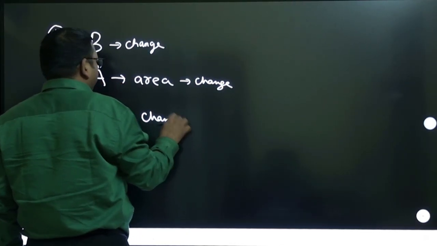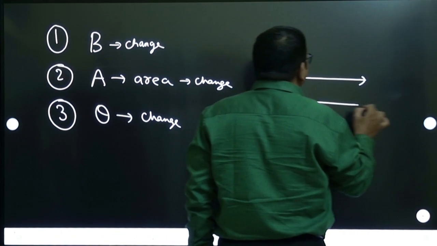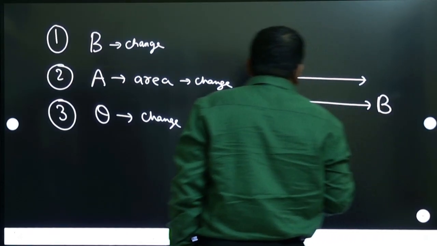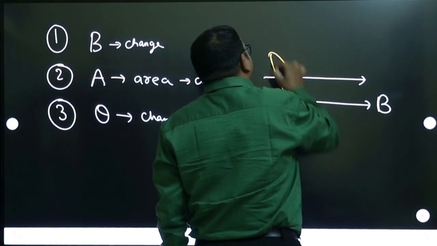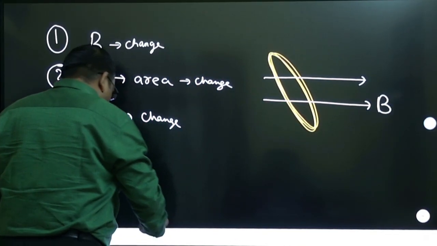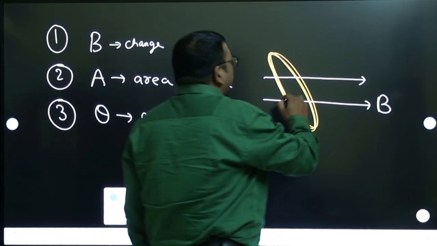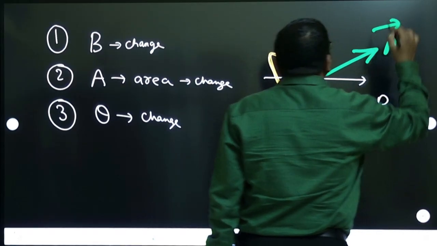What is this angle? Let us understand that. Suppose this is the magnetic field, the external magnetic field, and this is a coil. The coil may have a number of turns, and the perpendicular to this coil is the area vector. This is the area vector perpendicular to the coil.